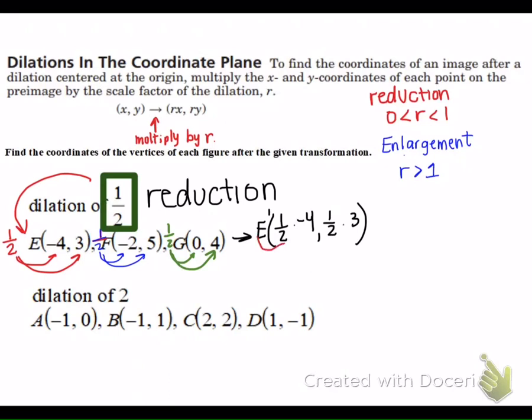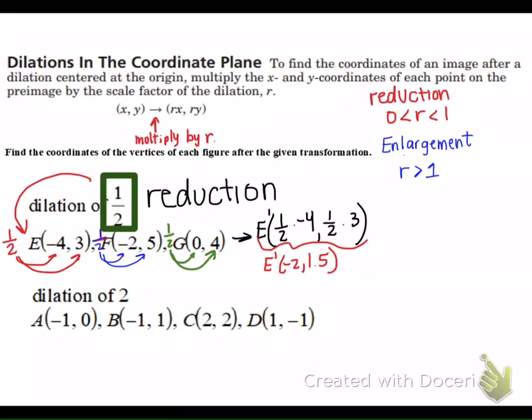What is this going to give me? What's half of -4? -2. What's half of 3? 1.5. This is going to be my image. Out of all the transformations, this is probably the easiest one to figure out your points from, because all you're really doing is multiplying the numbers together. That's all you got to really do.